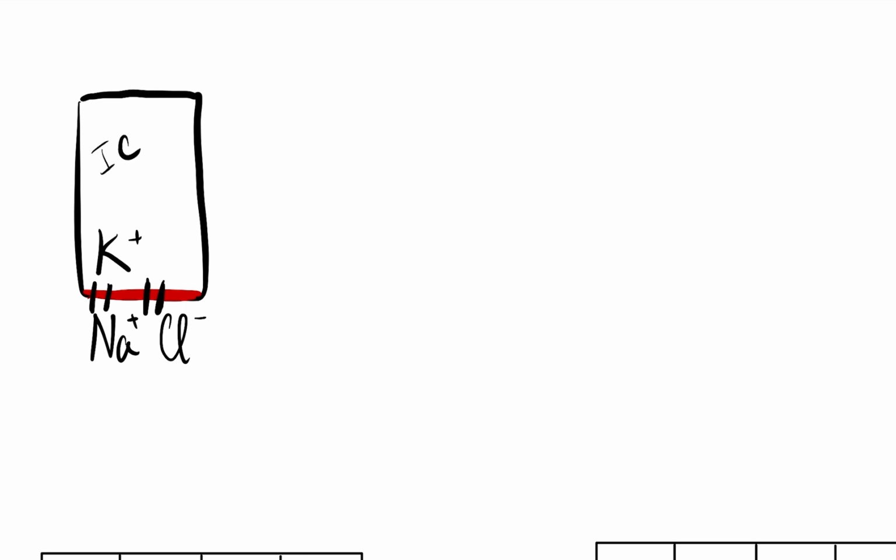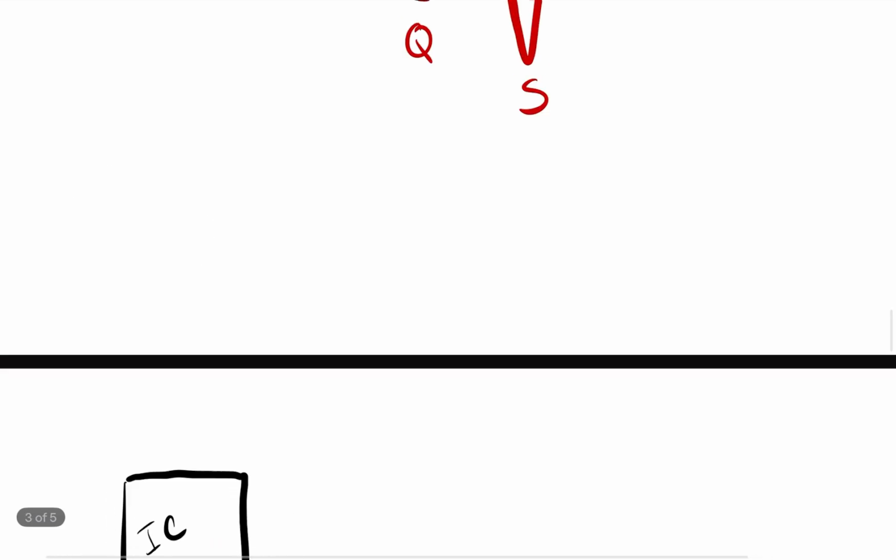The main ion inside the cell is kalium, and outside of the cell it's natrium and chloride. These are just some basics of our cells, the main ions inside and outside, and they create something called membrane potential, right here on the cell membrane.